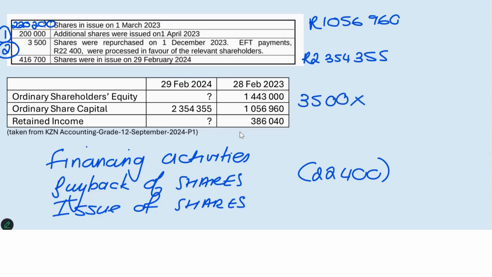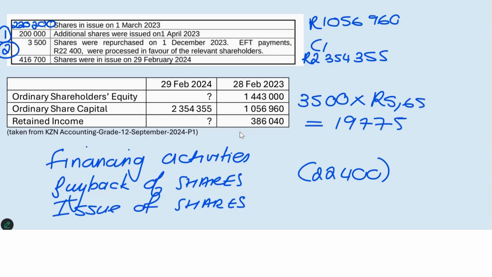I think R6.40 was the total, and 75 cents was the premium. So R6.40 minus 0.75 is R5.65. Yes, so 3,500 times R5.65 gives you 19,775.